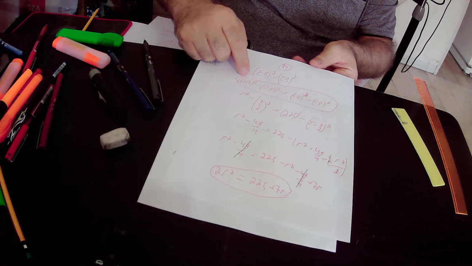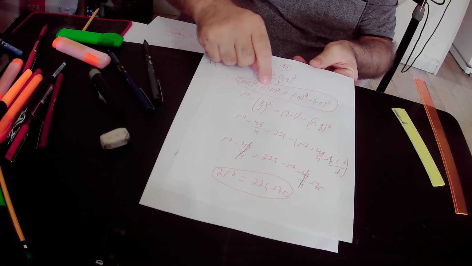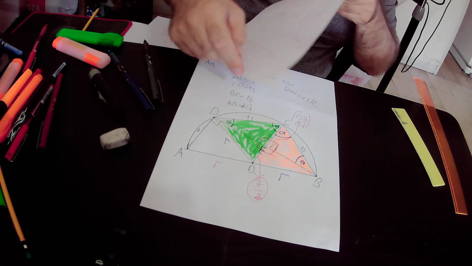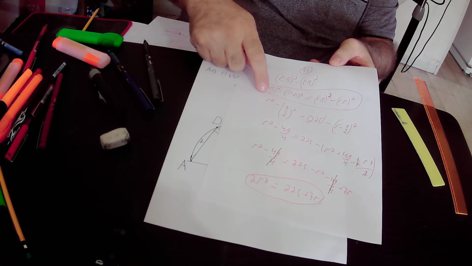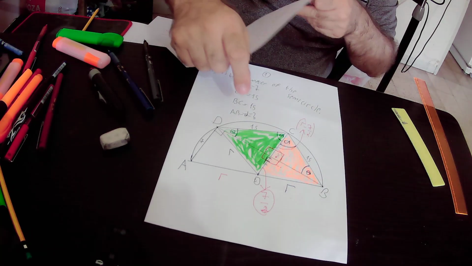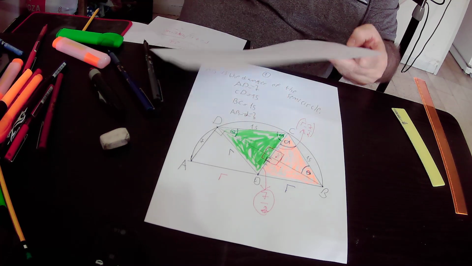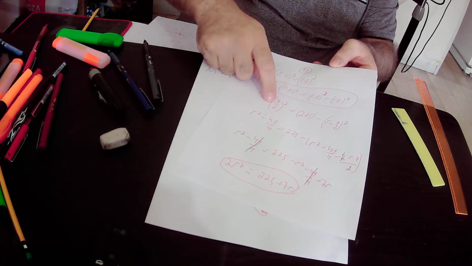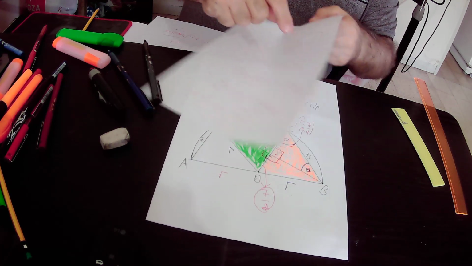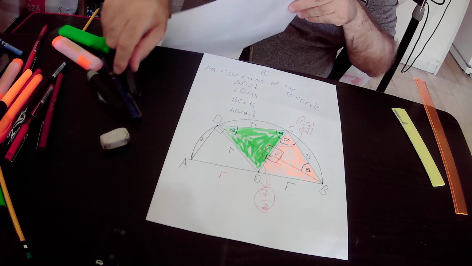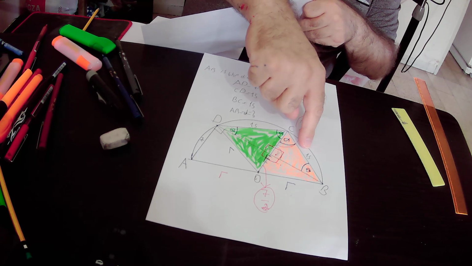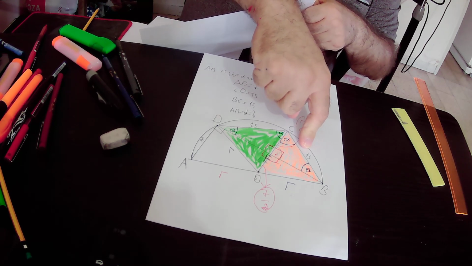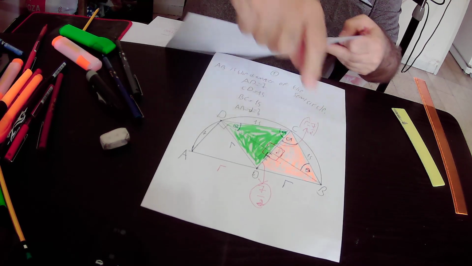EB square equals OB square minus OE square, but OB equals R. So we substitute OB square by R square. OE equals 7 over 2, so OE square is 7 over 2 square. CB equals 15, so CB square equals 15 square, that is 225.